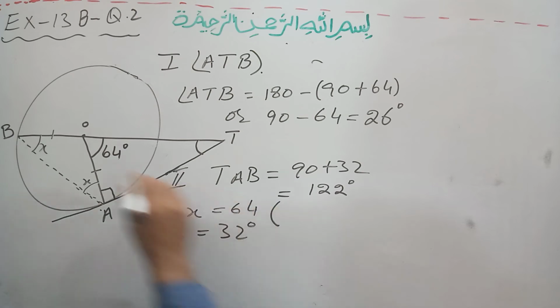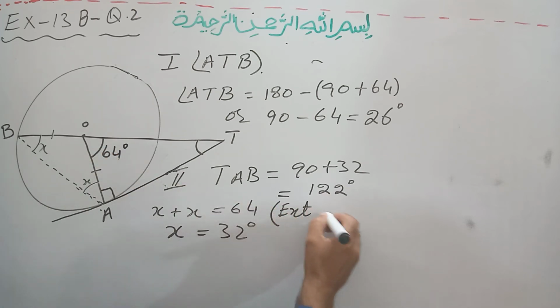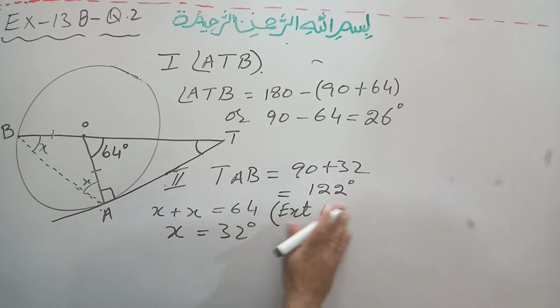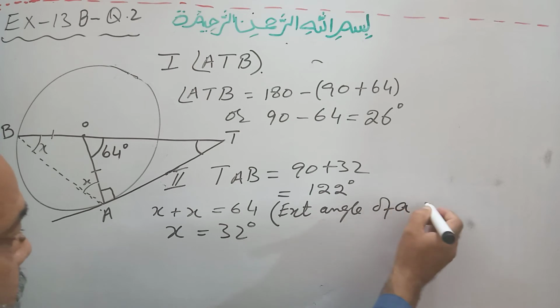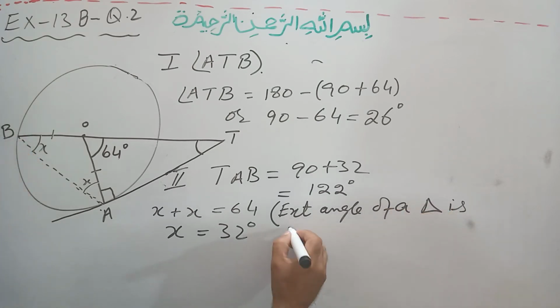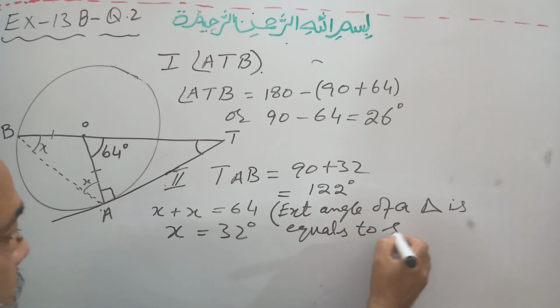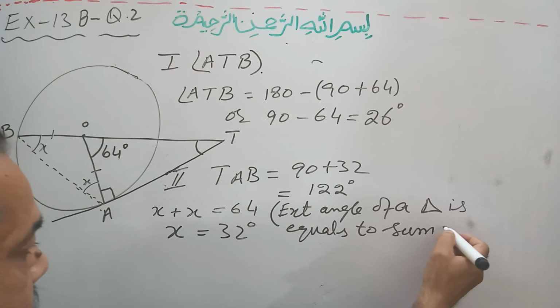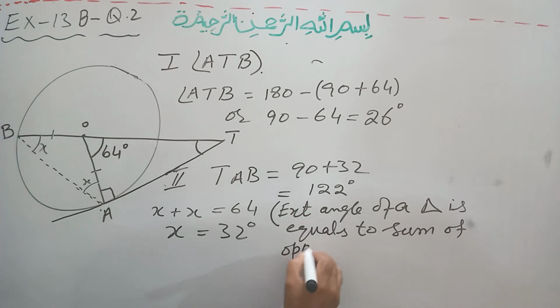This whole angle is the exterior angle of our triangle, which is equal to the sum of the opposite interior angles.